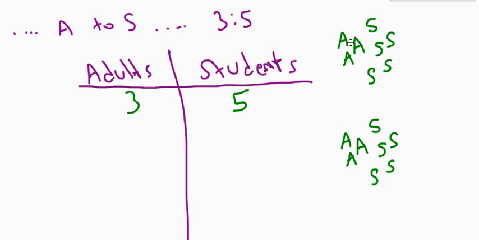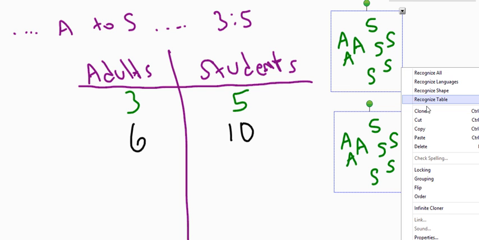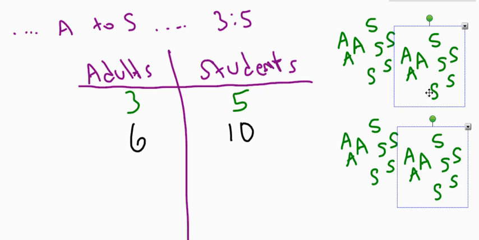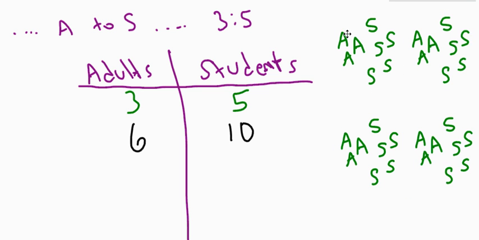It's still the same ratio, still 3 to 5, but now there's more people. Or, just to make sure everyone is very clear about the concept of ratio, maybe there were 3 adults and 5 students, repeated 4 times, and that would be a total of 12 to 20.